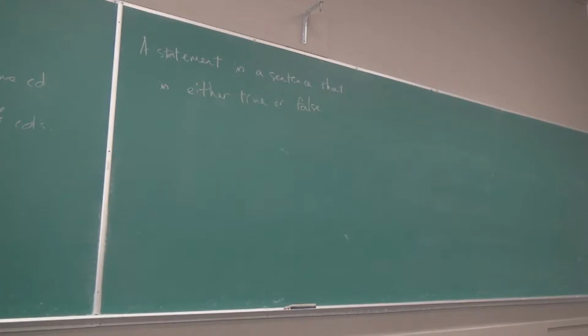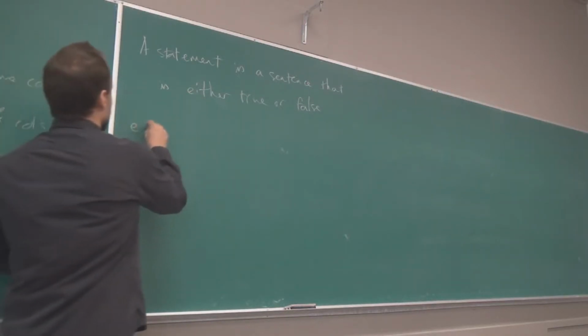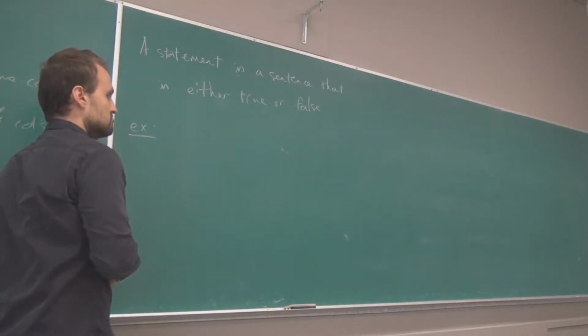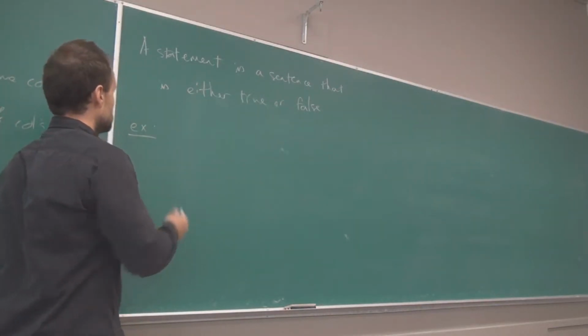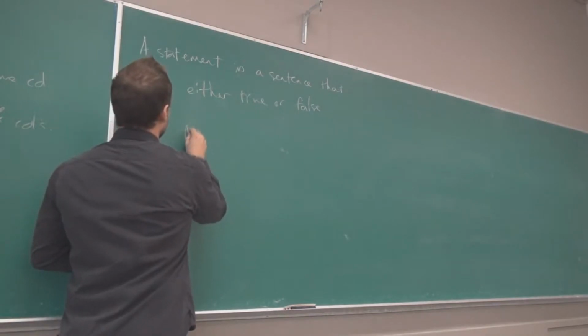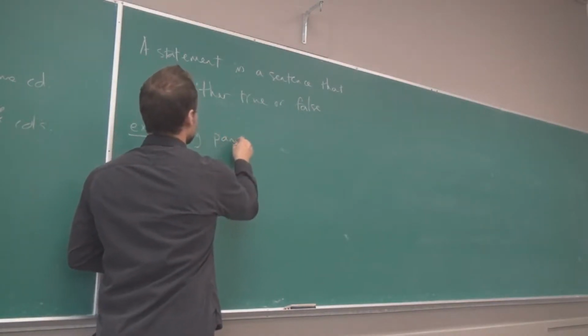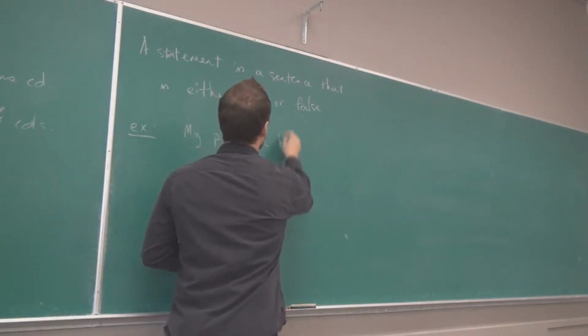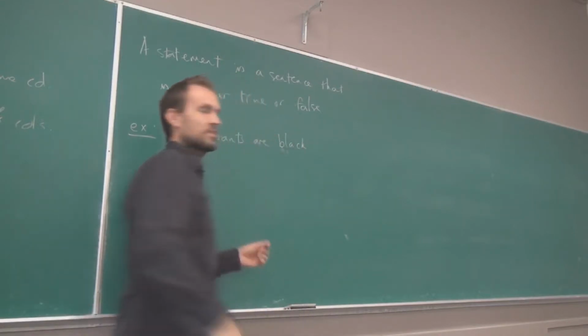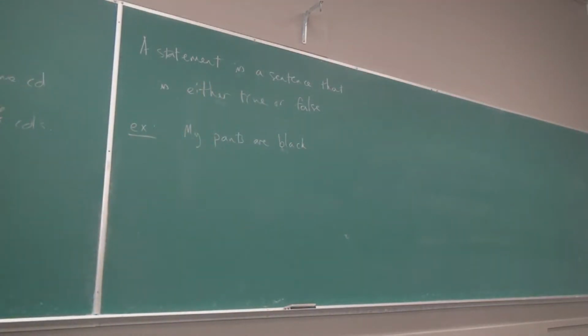Then you ask me, well, wouldn't all sentences be either true or false? Is it necessary to call them something other than a sentence? For example, my pants are black, disregarding the chalk marks on them, mainly black.